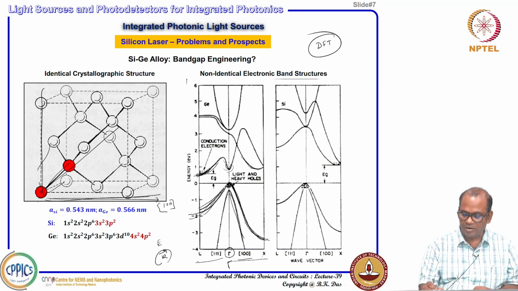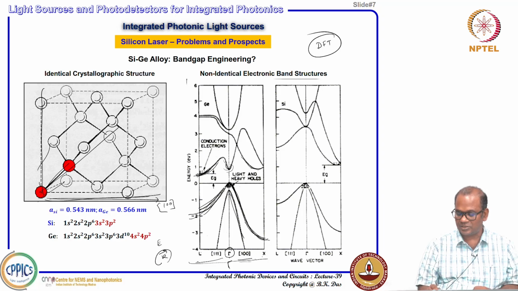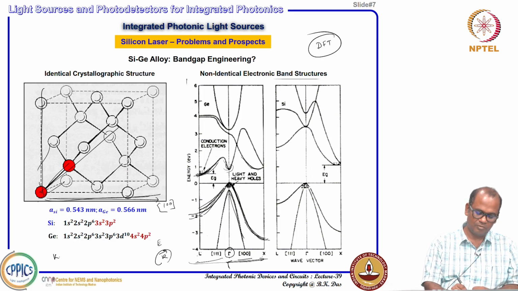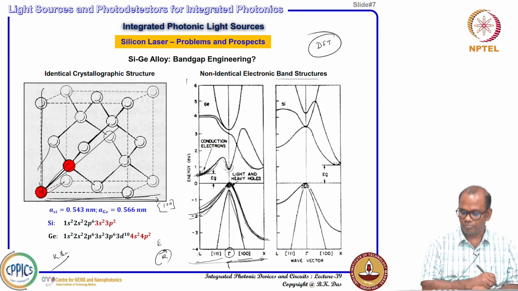So, the bottom of the conduction band and the top of the valence band do not match exactly at the same k position. This is k along the x direction, this is along the 111 direction. If you want to know what these directions define, you can consult any solid state physics book, maybe the NPTEL solid state physics book. So, this is an indirect band gap semiconductor.